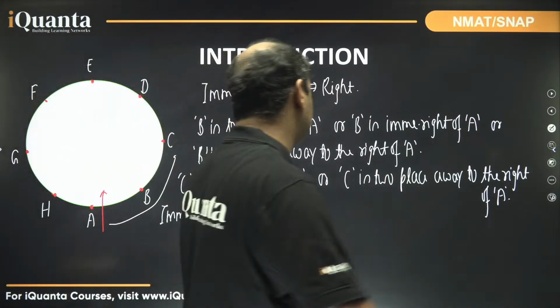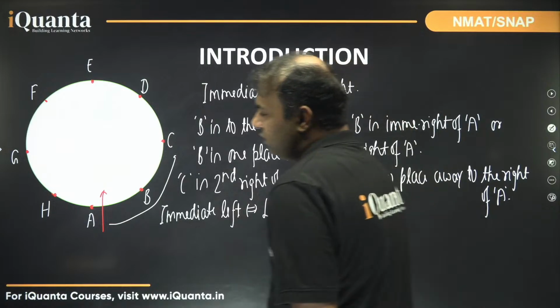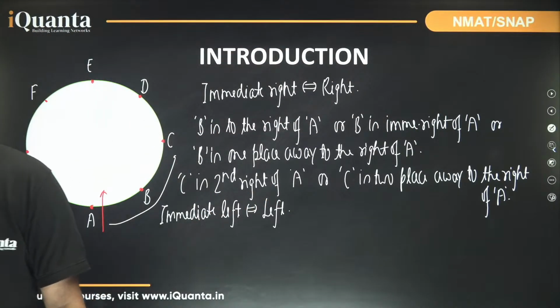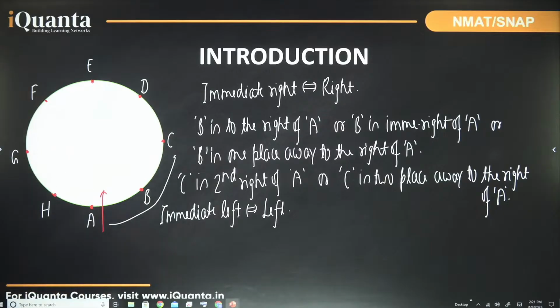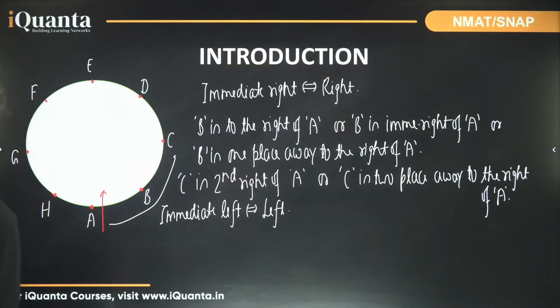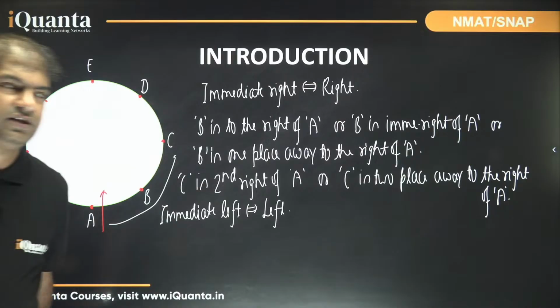Left means immediate left. So here, if you can tell me who is to the left of A, all of you? We have discussed it before as well. If you can write in the chat, who is to the left of A? H, yes, very good.